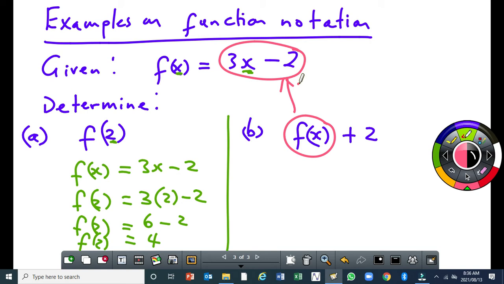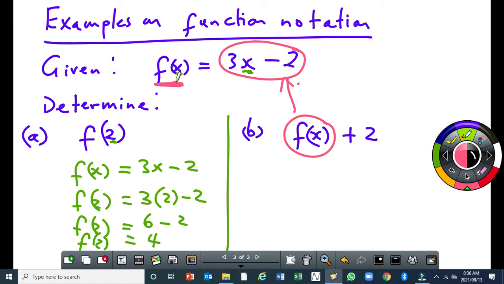Because on the left hand side we have got f of x, where I have got f of x here, I can replace that by the right hand side of the original equation. It's not complicated. That's why I get surprised at why learners get confused with the notation.